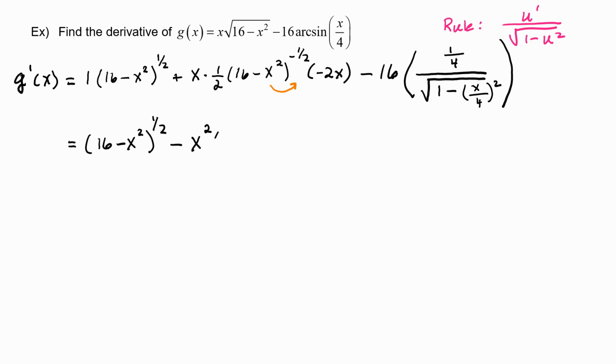And then we have the quantity 16 minus x squared to the negative half, minus 16 times 1/4, which is going to give us 4 over the square root of 1 minus x squared over 16.